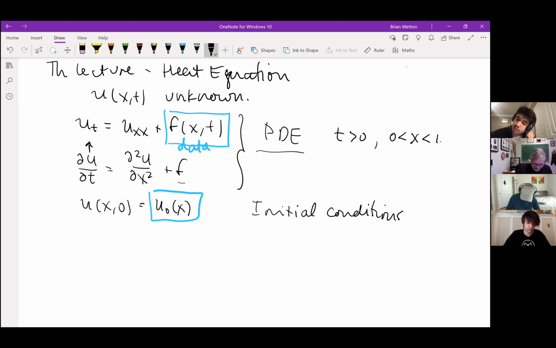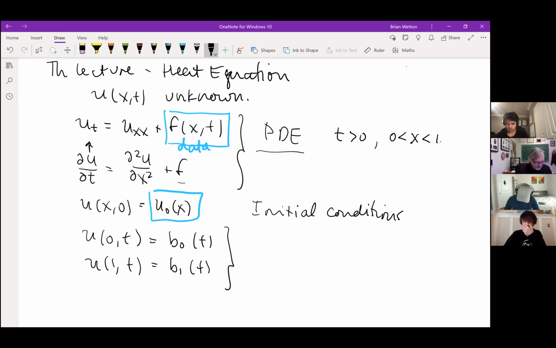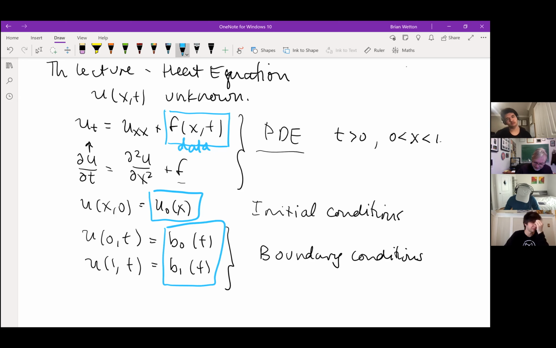Okay, we're also going to have the temperature at the boundaries given. So I'm going to lump these together and call these boundary conditions. And so there's some more data.